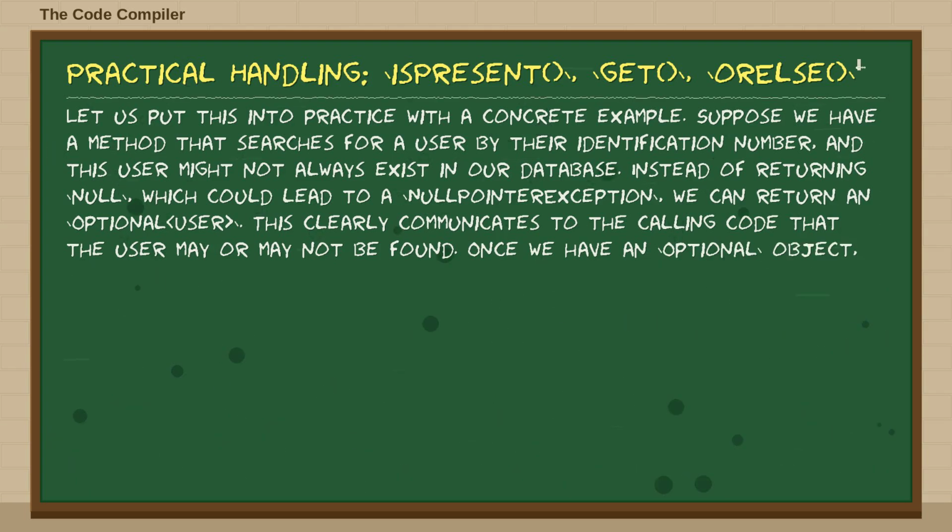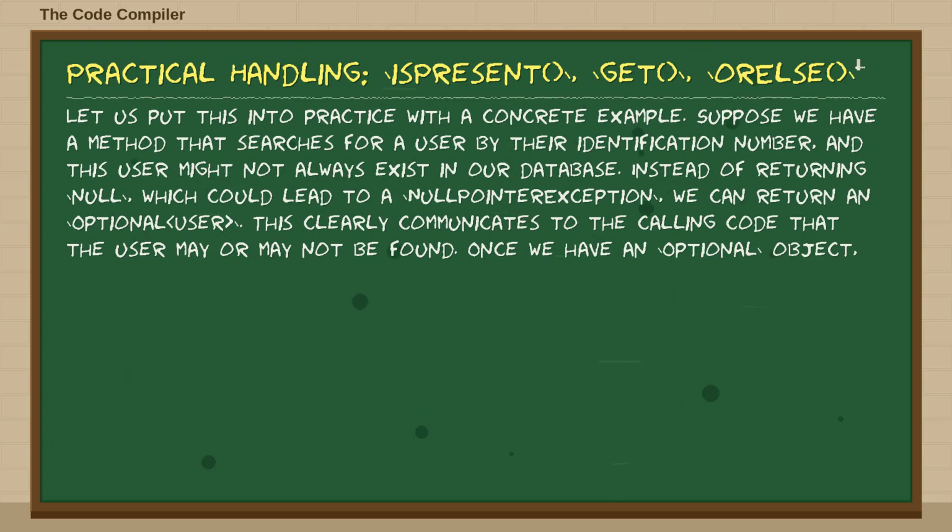Once we have an Optional object, how do we safely retrieve the value? We can use methods like isPresent to check if a value is present and then get to retrieve it. However, a much more robust approach is to use orElse, which provides a default value if the Optional is empty.